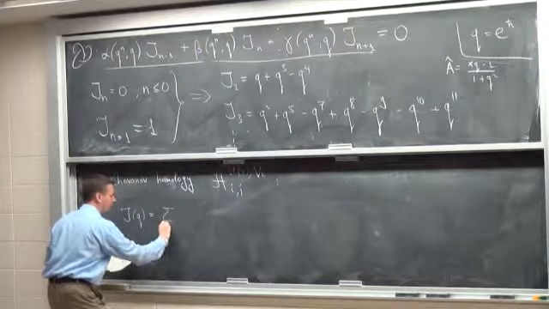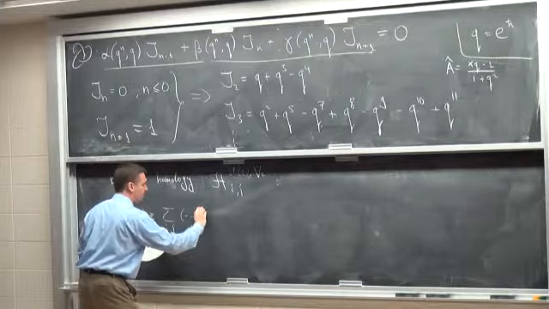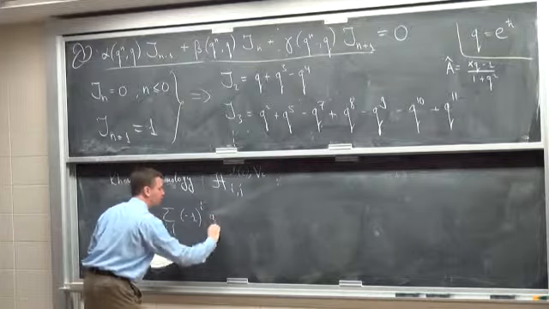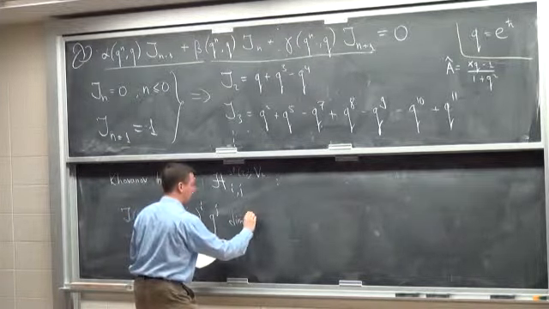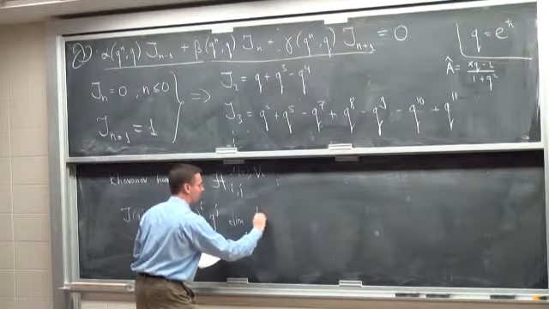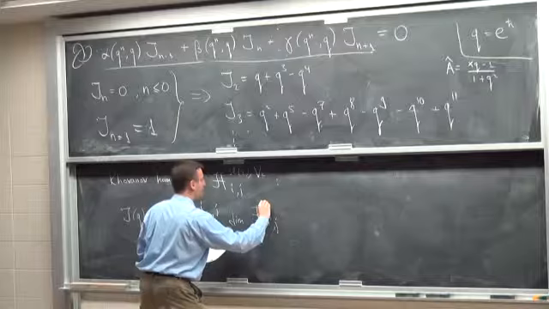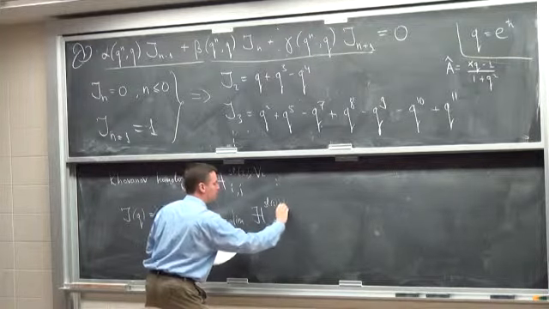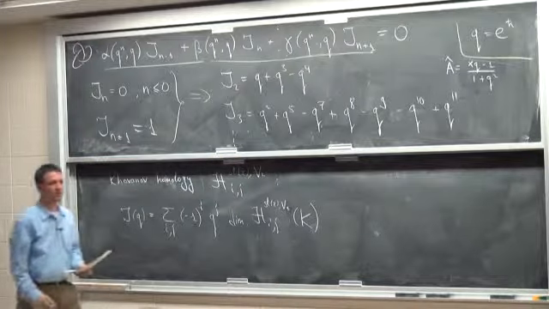So very concretely, taking a weighted sum with weights (-1) to the grading I and Q to the grading J, and then writing here dimensions of Hij, we recover the Jones polynomial.